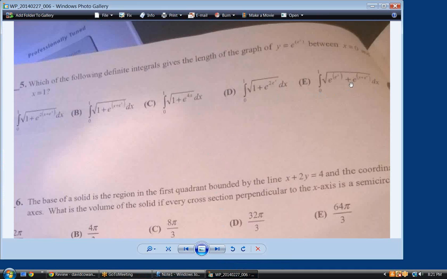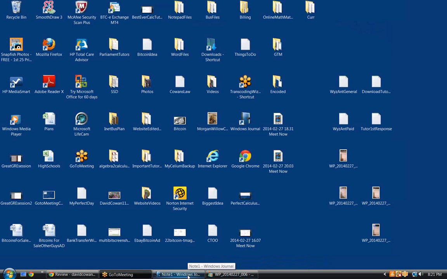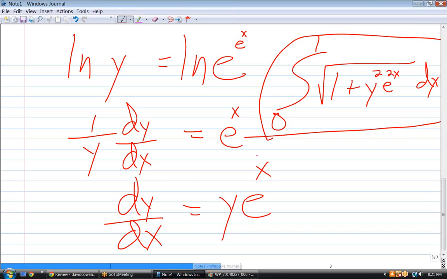We have that anywhere? Well, they got something close, where we plug in e to the x. Right. In other words, we know what y is, right? We really don't know how to integrate that because we have a y and we're trying to integrate it with respect to x.